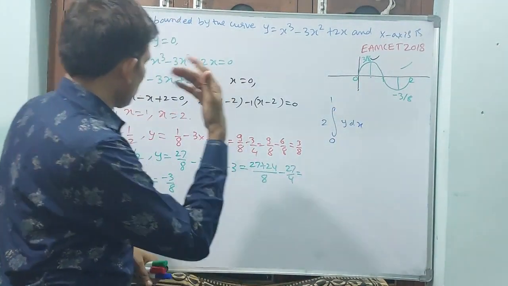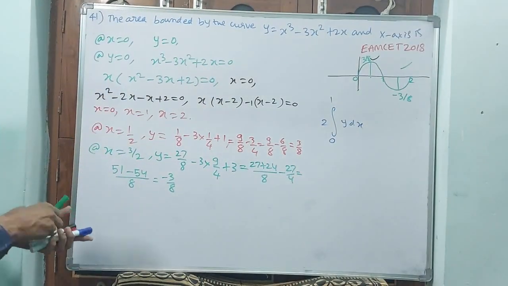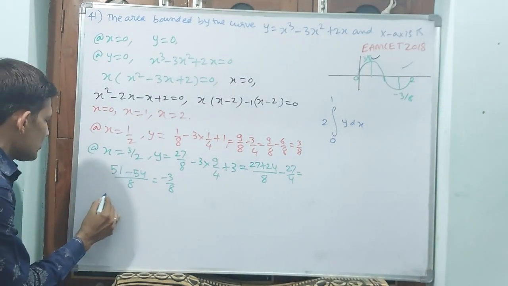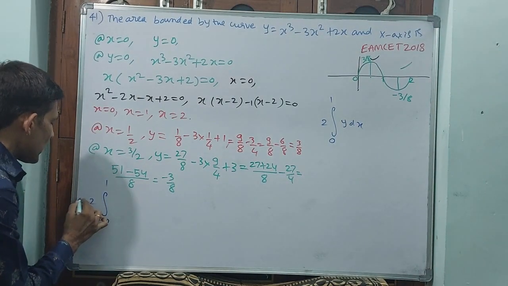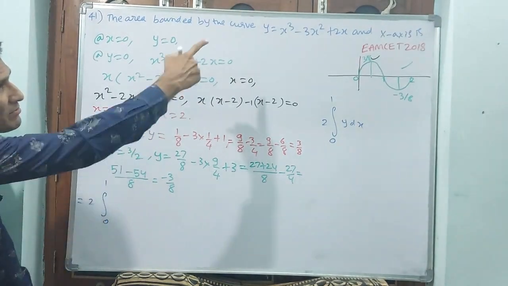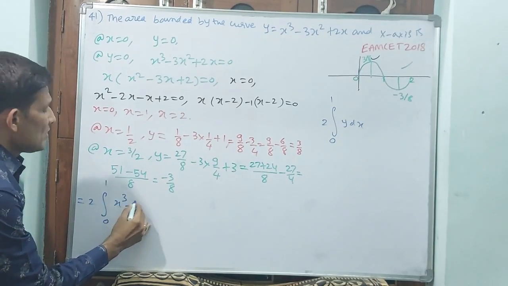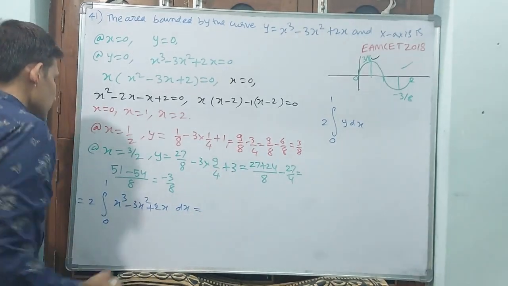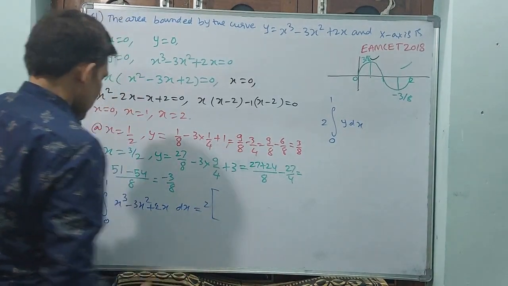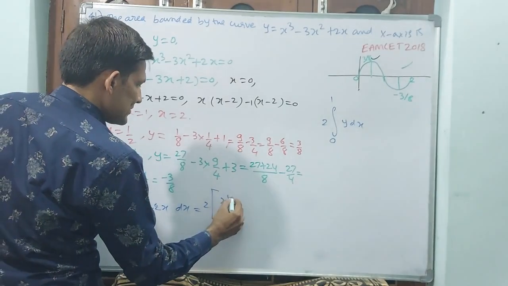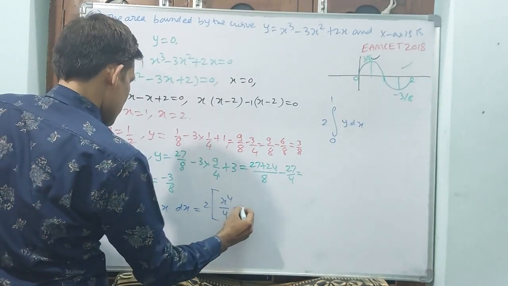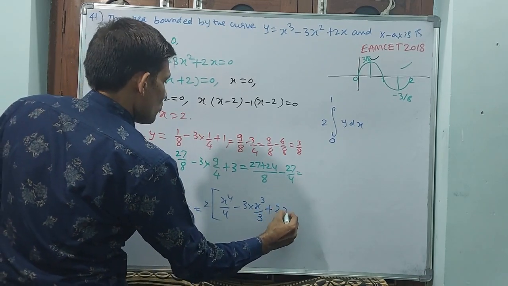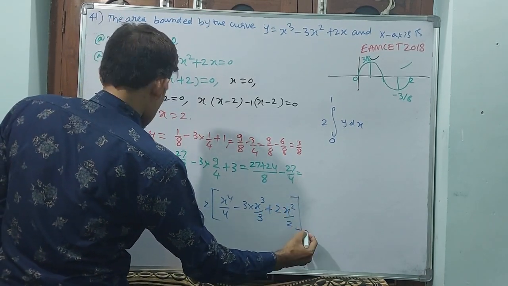Okay, now let us proceed. Now this calculation we have done. We will proceed further. See, integral 0 to 1, 2 times, write down x cube minus 3x square plus 2x dx, that is equal to 2 times x to the power of 4 by 4 minus 3 into x cube by 3 plus 2 into x square by 2, but you apply 0 to 1.